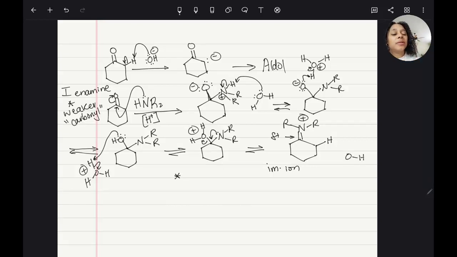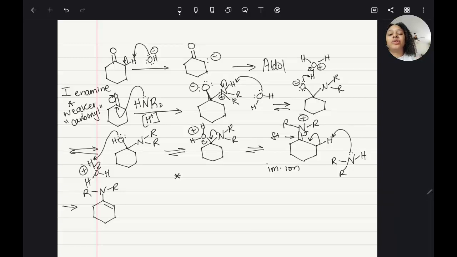So any extra nitrogen we have, because as we now know, nitrogens are pretty decent bases, especially when they're alkylated, as this one is. We're going to end up with an elimination, and we get our enamine.